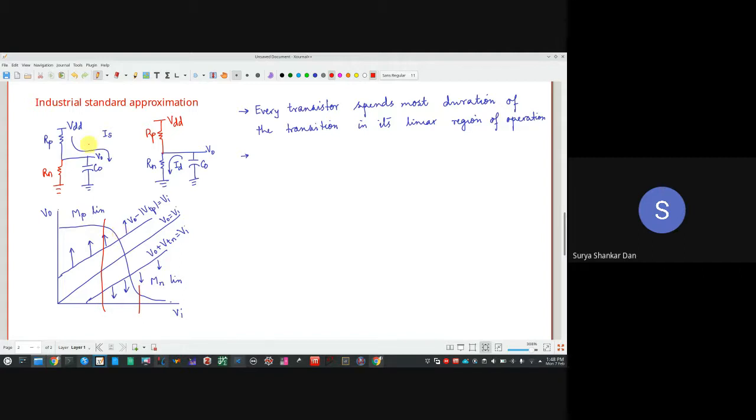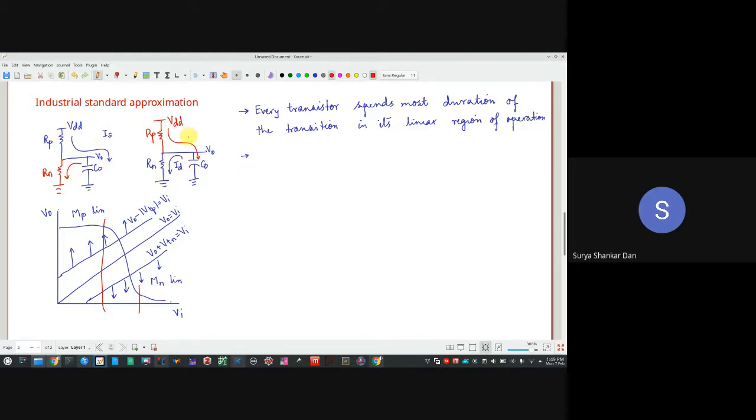Now we have to decide whether the current which is lost through this Rn and the current which is being used for charging up the capacitor. So this current, the red one which I have drawn, is always much less than the charging current here and the discharging current over here.